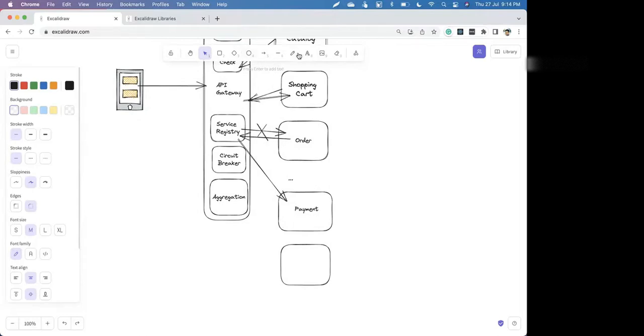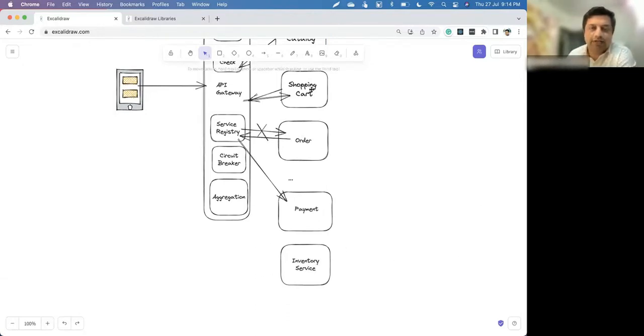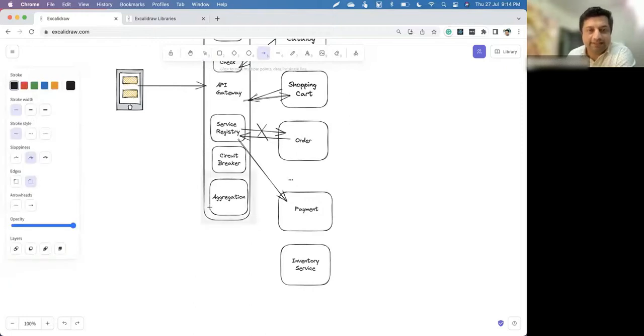But maybe there is a separate service which is inventory service. So yes, everyone pay attention. This is called aggregation pattern.